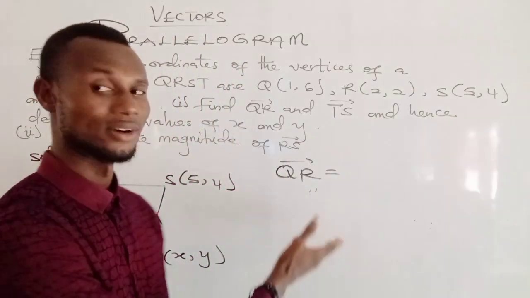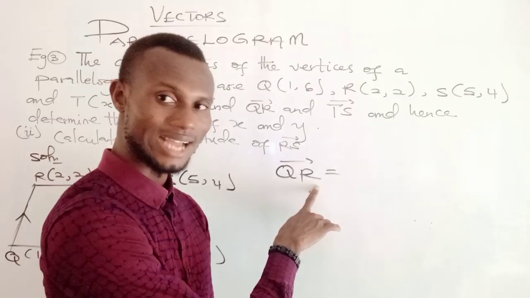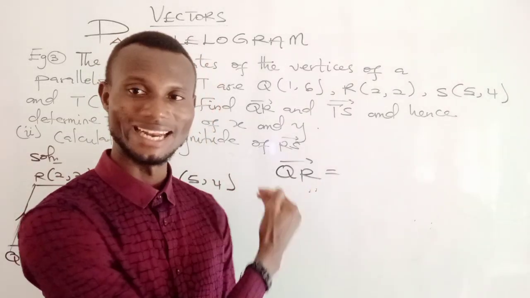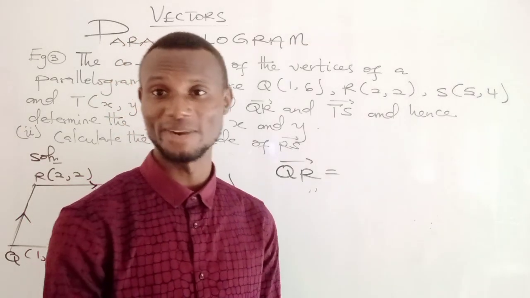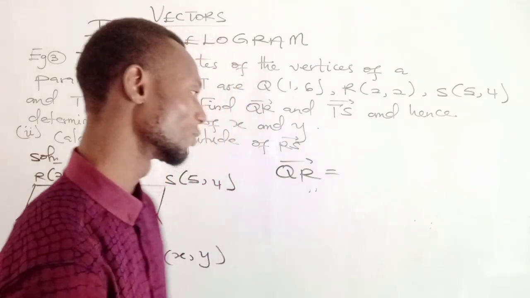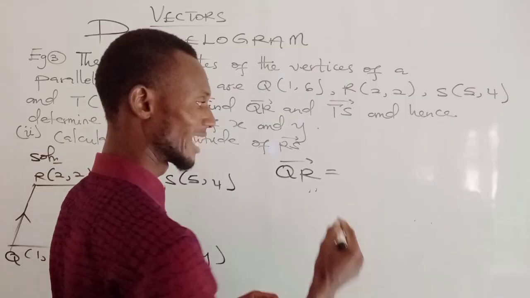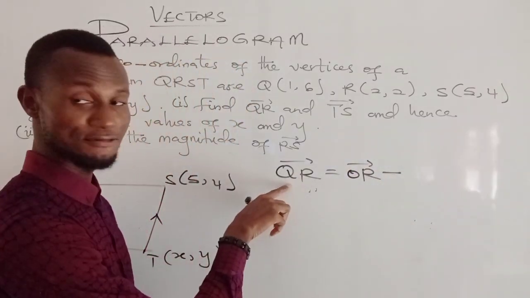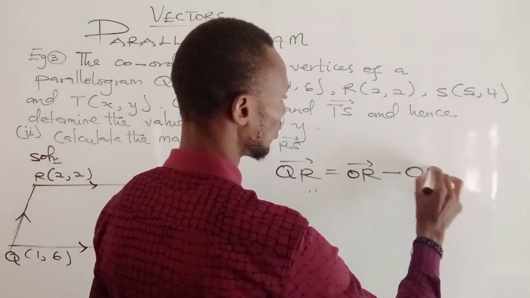To get the QR is simply the position vector of the last letter minus the position vector of the first letter. The last letter here is R, its position vector is going to be OR, minus the first letter here, Q, its position vector is going to be OQ.